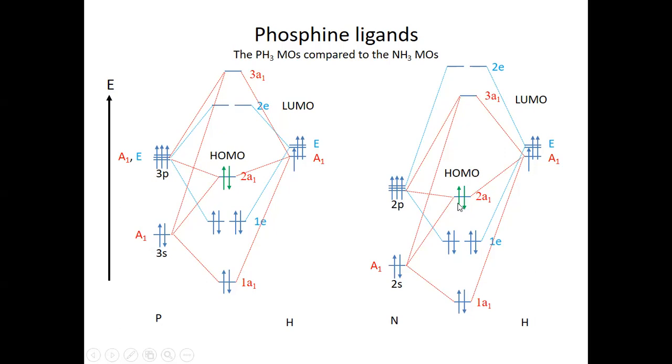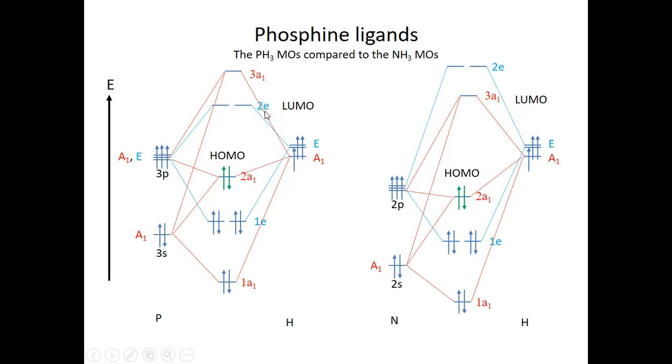Okay, so these correspond to the electron lone pairs in the valence bond picture. But you see there is a small but important difference with respect to the LUMO. So because the 3s and the 3p orbitals have different energies than the 2s and the 2p orbitals, the relative order of the 2e and the 3a1 orbitals are being swapped. So for the NH3, the 3a1 is the LUMO, and for the PH3, the 2e is the LUMO.